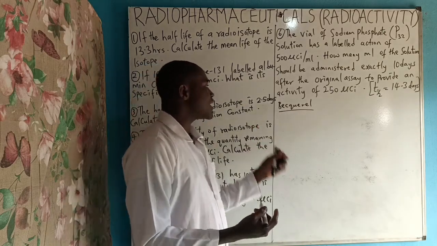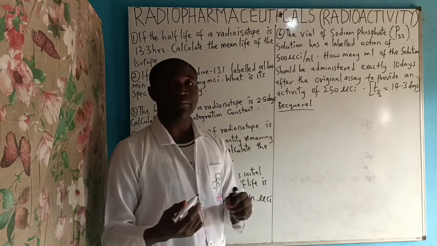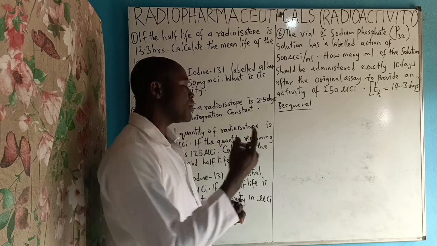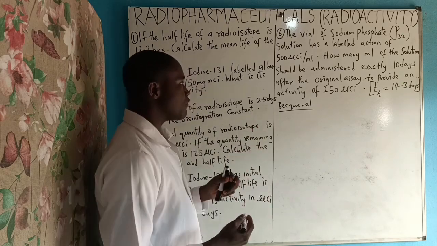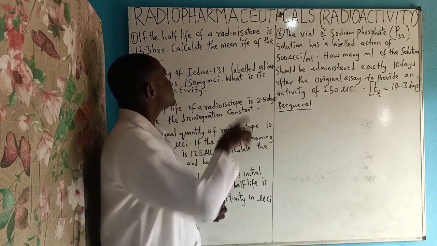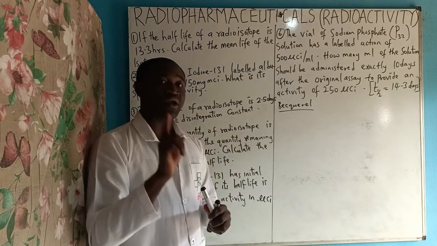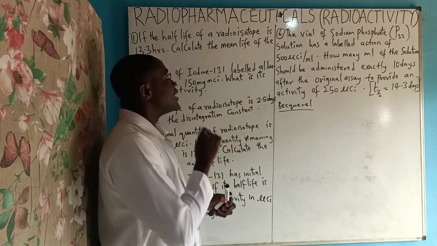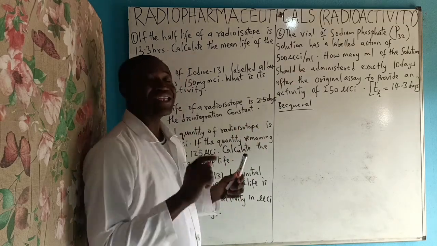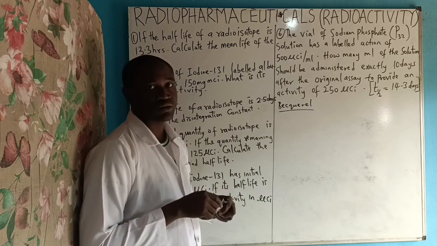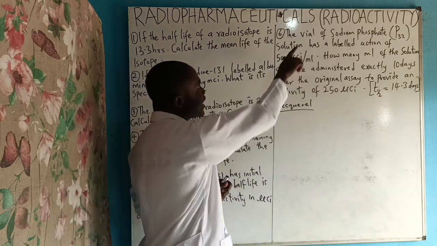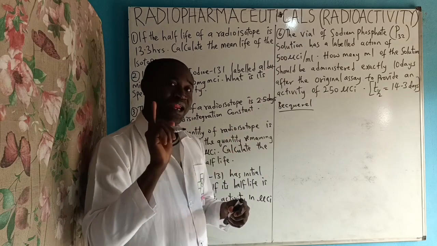Now, it's important for us to note some important formulas when it comes to radiopharmaceuticals. First of all, for you to know this formula, we need to recall that since radiopharmaceuticals come from the topic radioactivity, radioactivity is one of the processes that obeys the first order reaction equation.